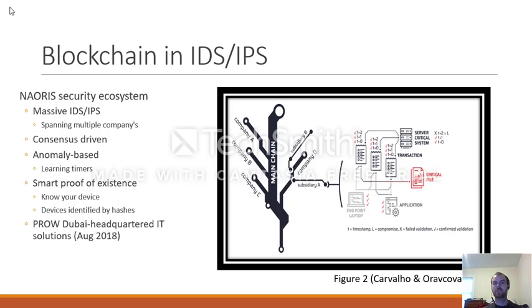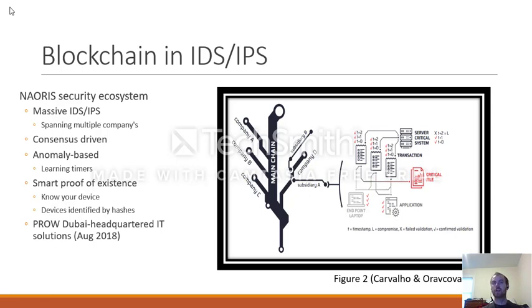You can see kind of in that image, each company would sort of have a branch of the master chain, and these branches would be somewhat like an internal anomaly-based IDS.